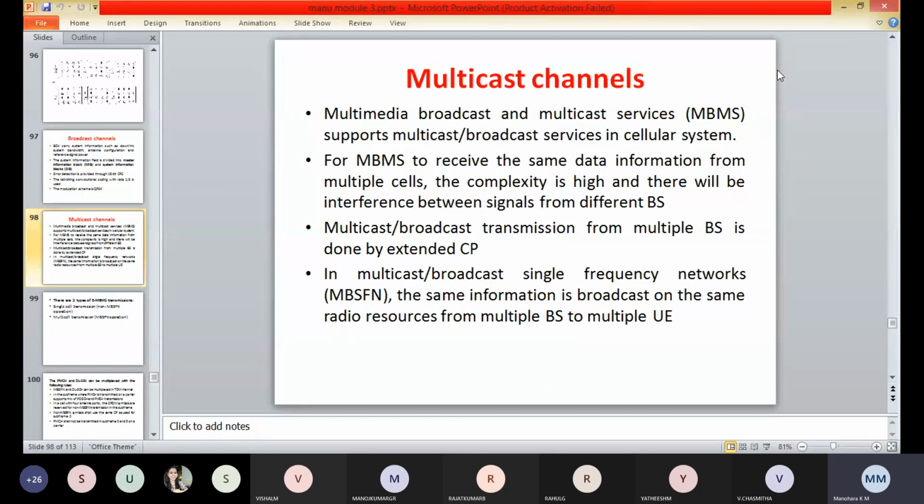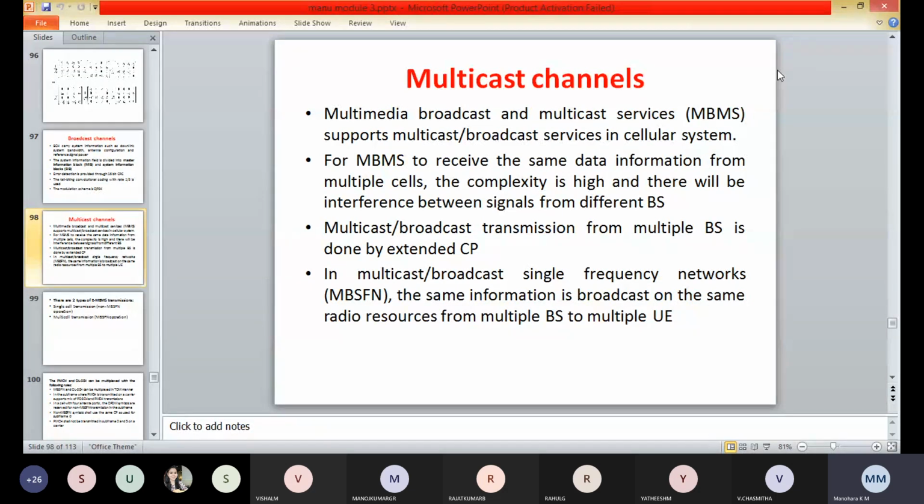So in such multicast and broadcast single frequency networks, that is MBSFNs, the same information is broadcast on the same radio resources from multiple synchronized neighboring base stations to the multiple user equipments.